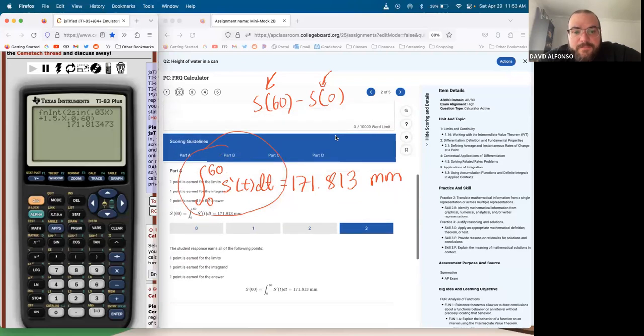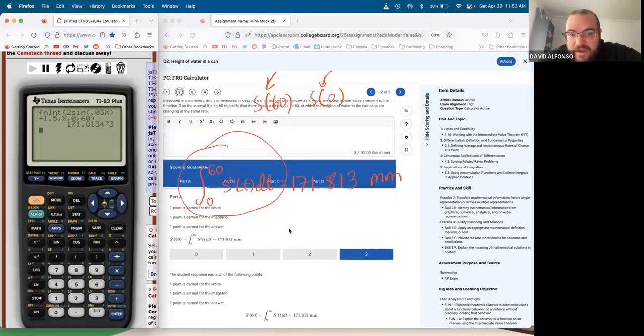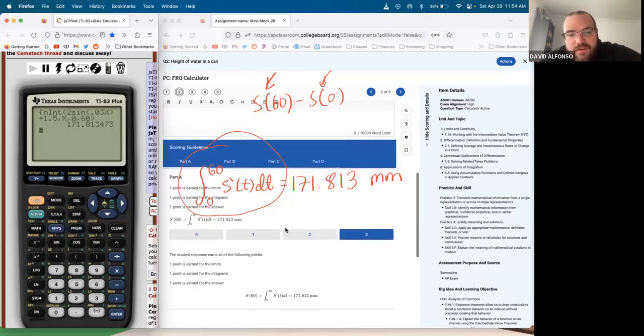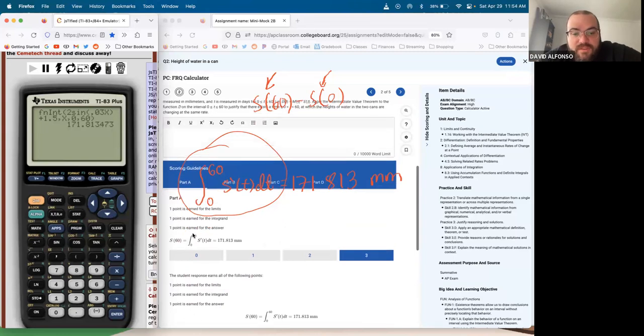So let's see. This was 3 points. I would not have made this 3 points, but okay. 1 point earned for the limits of integration, 0 to 60. Oh, that's so stupid, but whatever. 1 point earned for the integrand, so saying S prime of t. You don't have to actually write it in the calculator section. You don't have to write out the whole function. You could just say S prime of t. It's understood.